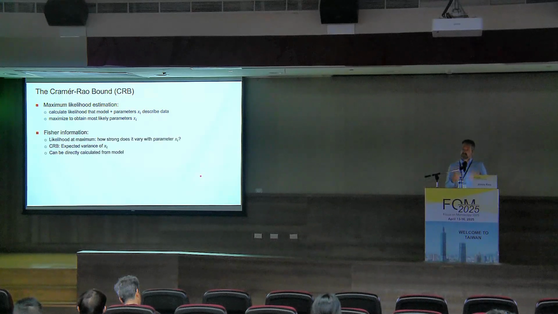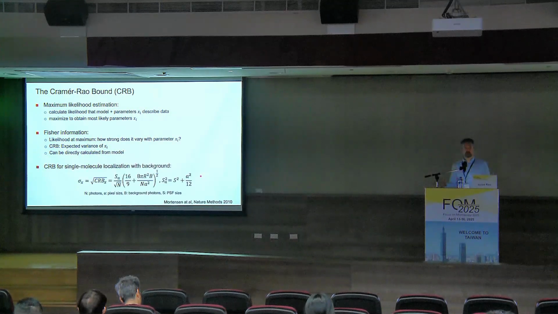Now, to understand what is the variance, the error we make in these position measurements, we can look at the likelihood at the maximum and see how strongly the likelihood varies when we change the parameter, the position, and then ask within the noise that we have in the measurement, the shot noise, for example, what range of parameters is still compatible with our measurements.